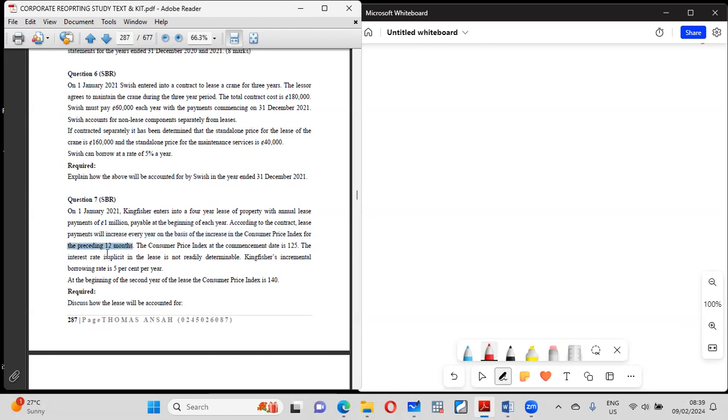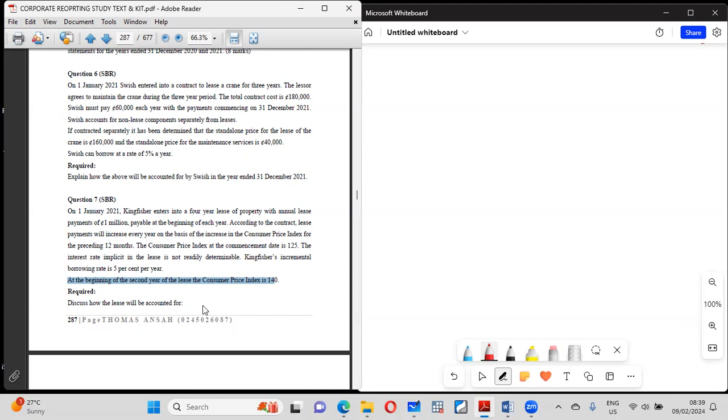Consumer price index now is 125. The interest rate implicit to the lease is not readily determinable. King Fire's incremental borrowing rate is 5%. At the beginning of the second year, the lease increased to 145. The consumer price index increased to 140.